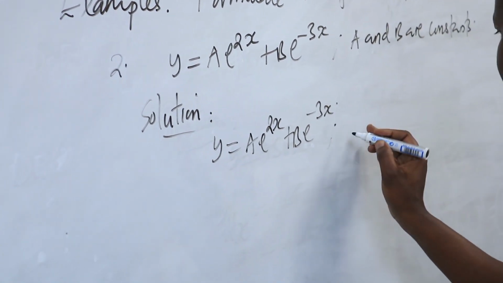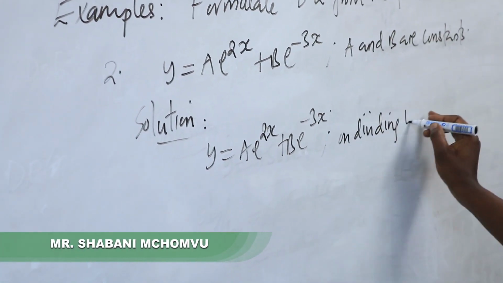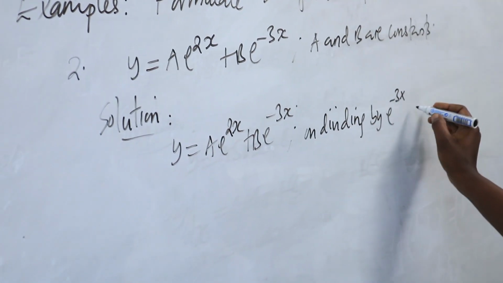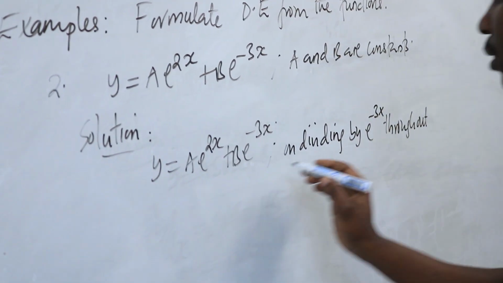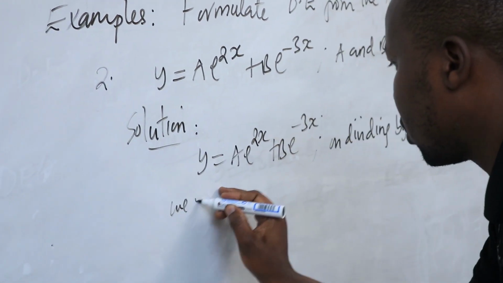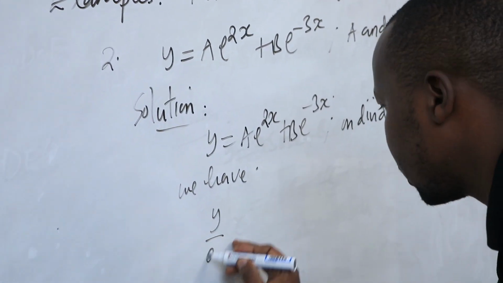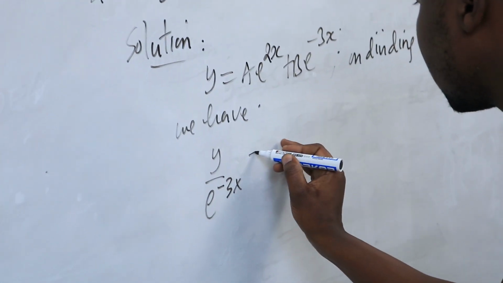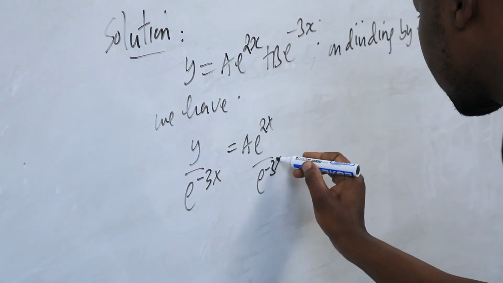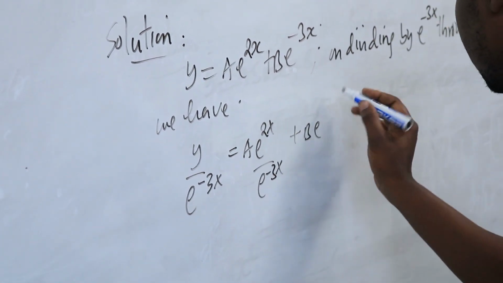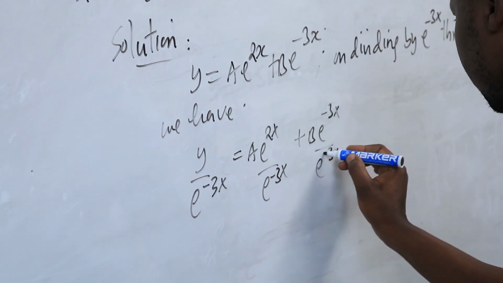So on dividing by e raised to negative 3x throughout, we have y over e raised to negative 3x equals a e to the 2x, here we have e raised to negative 3x, now we plus b over e raised to negative 3x.